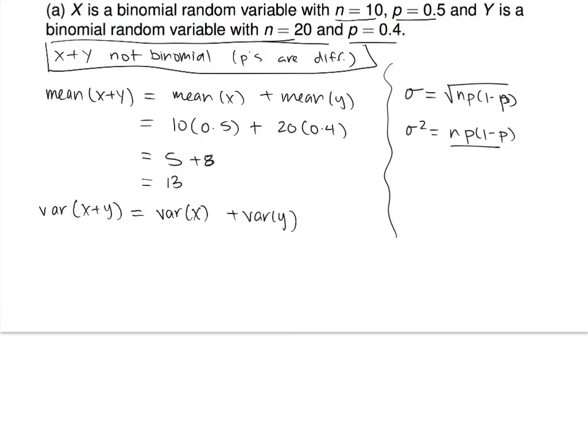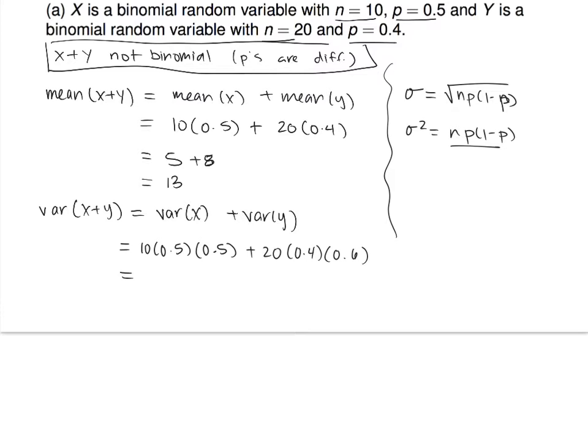Does that make sense? So that's 10 times 0.5 times 0.5 again, plus 20 times 0.4 times 0.6, which works out to be 2.5 plus.